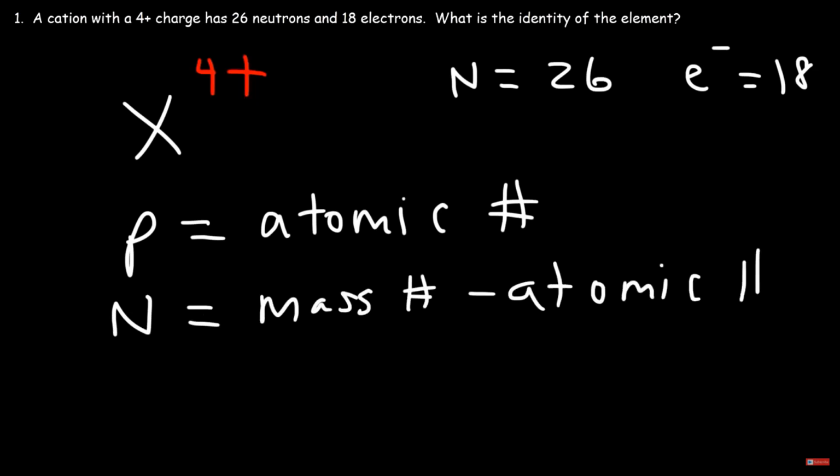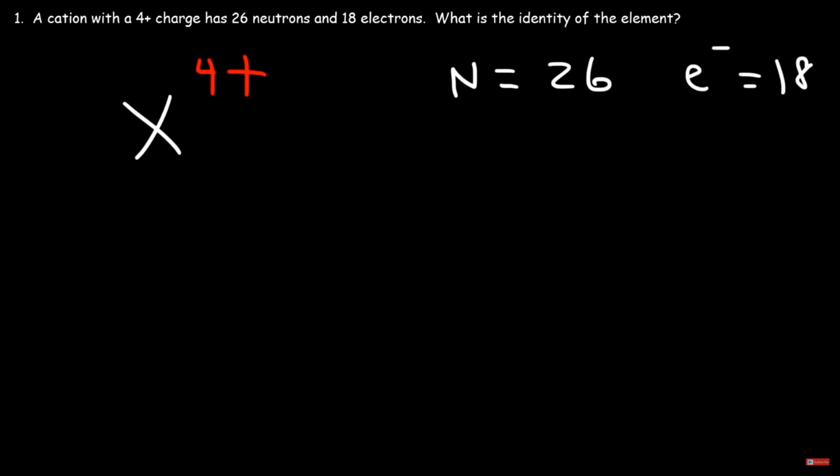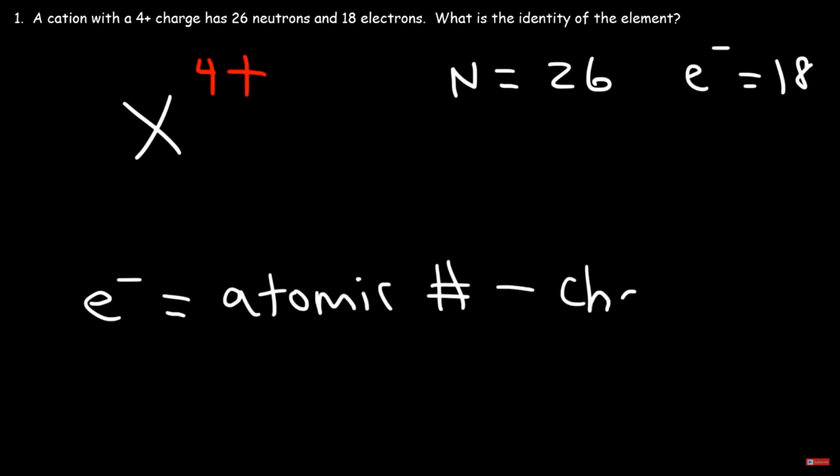Now, we have the number of neutrons, but we don't know the mass number or the atomic number. So the formula that is going to be helpful is the third one. The number of electrons is equal to the atomic number minus the charge, because we know the charge and the number of electrons. With that, we can calculate the atomic number.